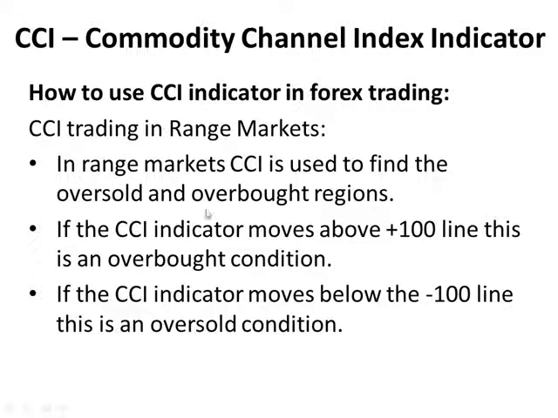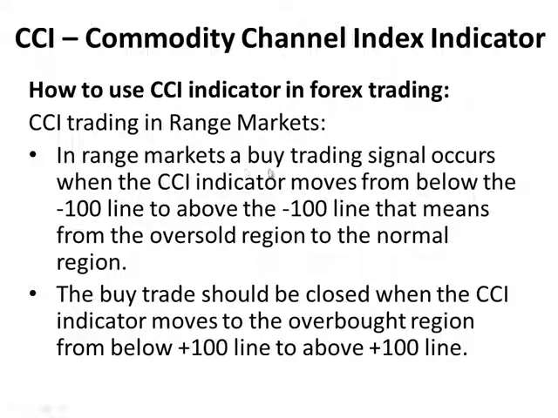This is only for the range markets. That means if the indicator is moving above +100 or below -100, it means that they are going to overbought or oversold regions, but this should be used only for the range markets.